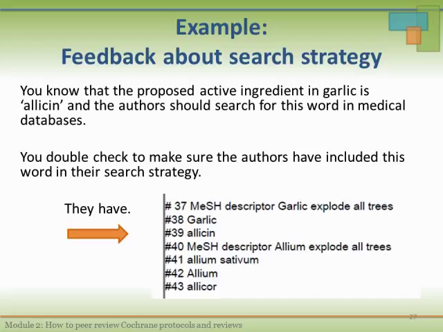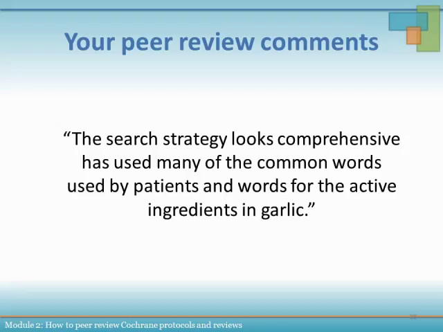The authors should search for this word in the medical databases. You double-check to make sure the authors have included this word in their search strategy. They have. Your peer review comments might read something like, the search strategy looks comprehensive, has used many of the common words that are used by patients and also the words for the active ingredients in garlic.